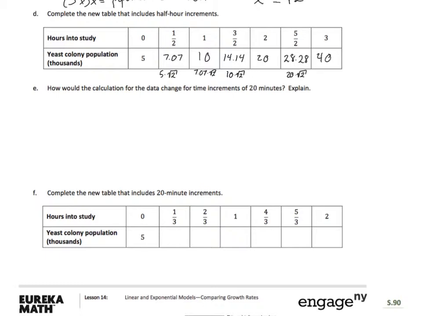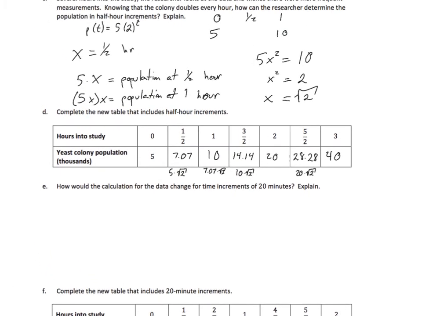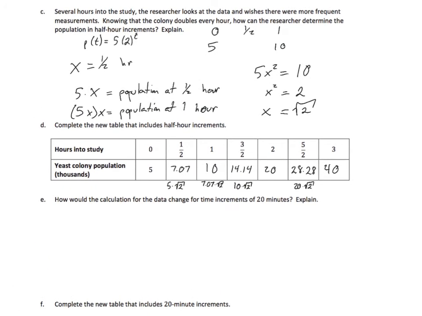This is an interesting one. So we noticed that when we're up here, and I took it in terms of a half hour, so let's do that. So 5x squared. And that x squared is important because this x squared means I had to multiply this x twice to make 1 hour.